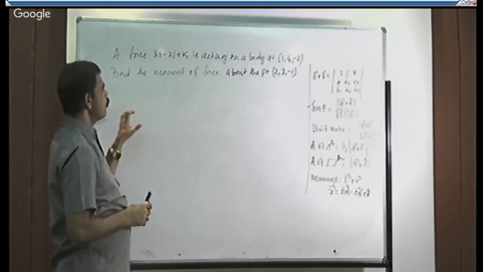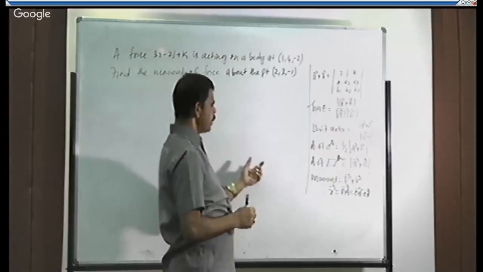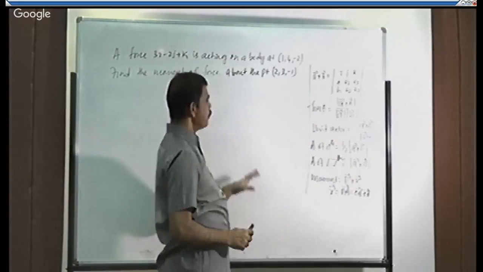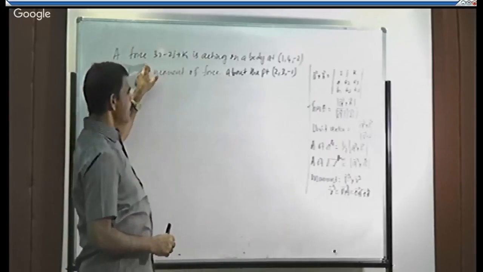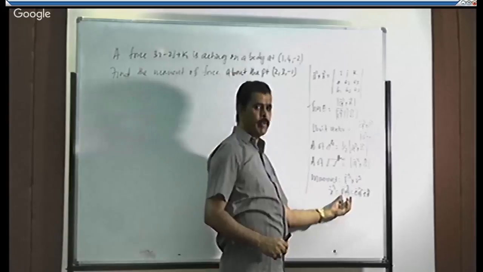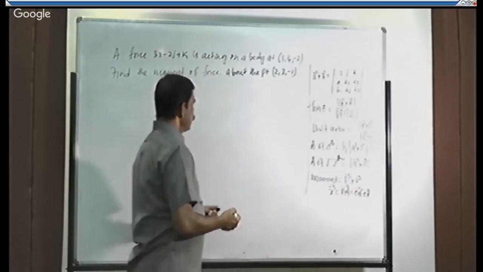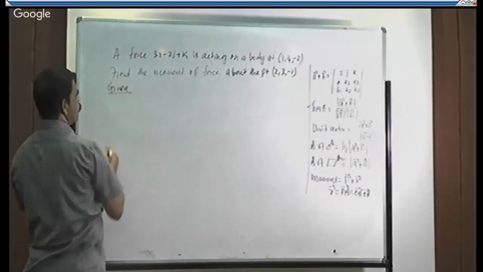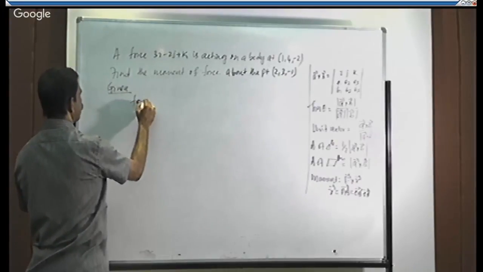So how to get the moment of a force? Moment of a force is nothing but F cross R. What is F? It is the force acting on a body. What is R? It is the distance between A and B. What is given? You write given parameter force.